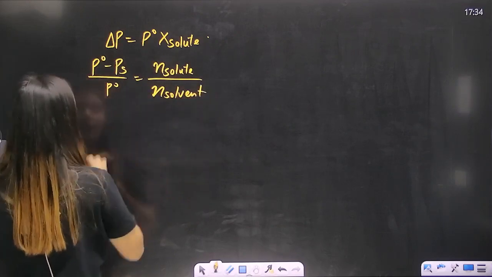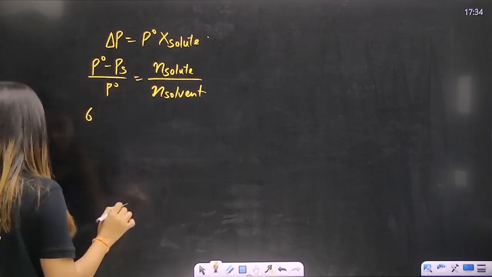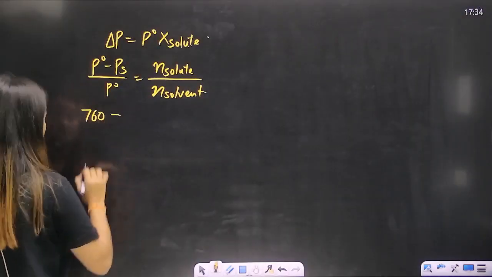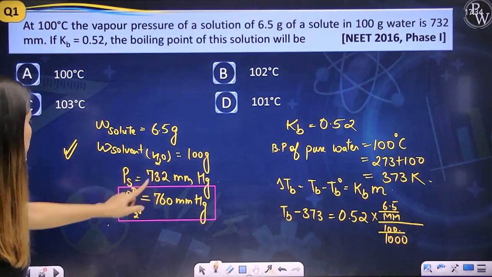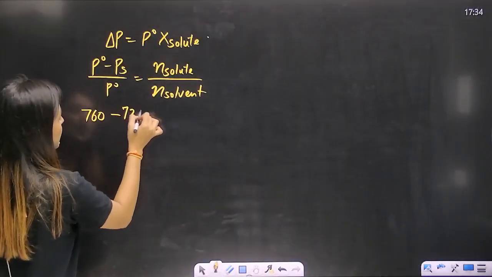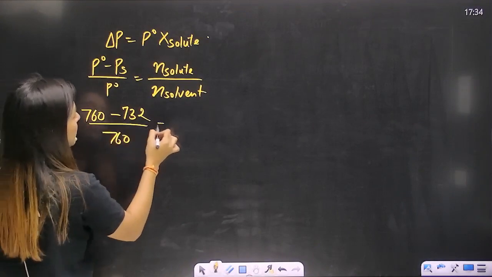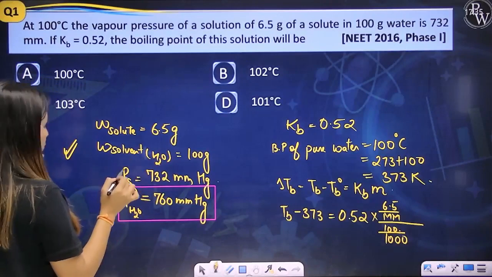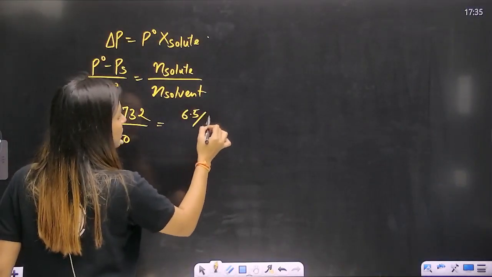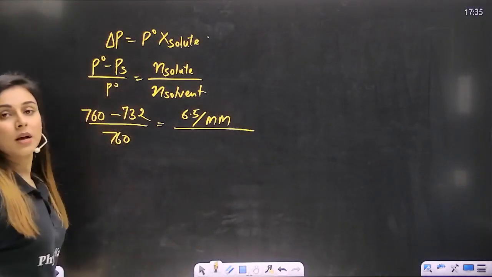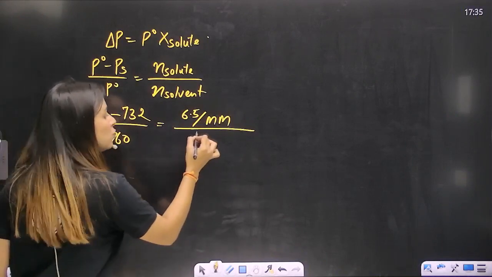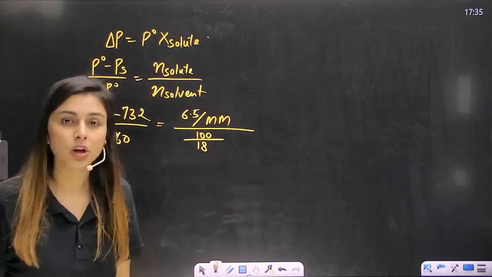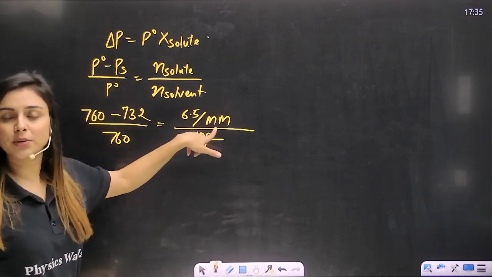Now you have P naught equal to 760 minus PS, which is given to you as 732. So this will be 732 upon 760. This will be equal to moles of solute, which is mass of solute, 6.5, divided by molar mass of solute, divided by the moles of solvent. Solvent is water, so mass of solvent upon molar mass of water, which is 18 grams per mole. So from this equation, you can calculate the molar mass.